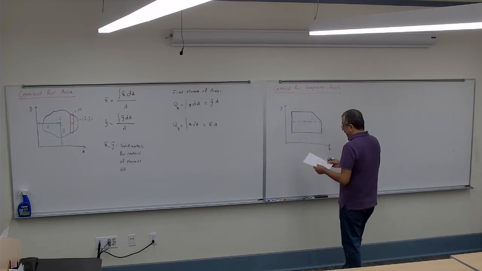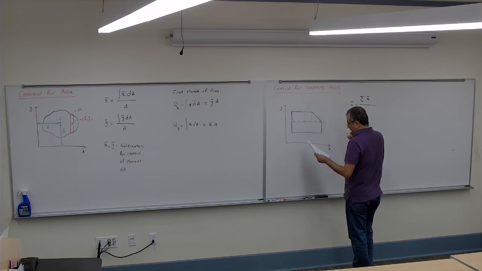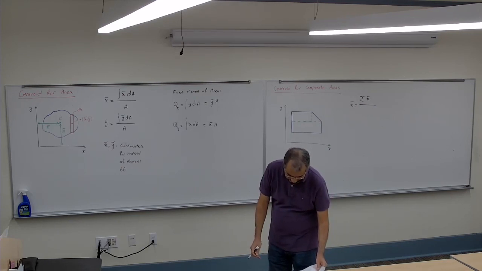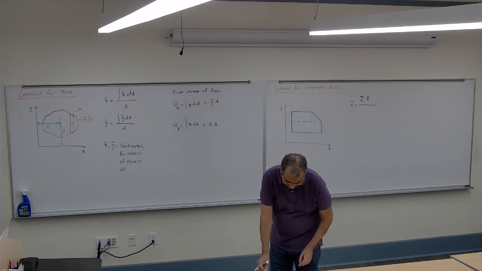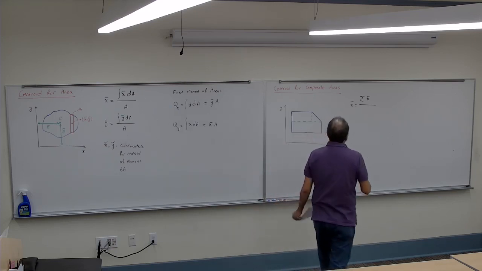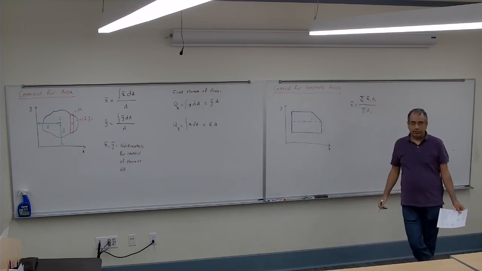So then that equation is going to change to x bar equals sigma x tilde i A i, divided by sigma A i, or basically divided by the total area.